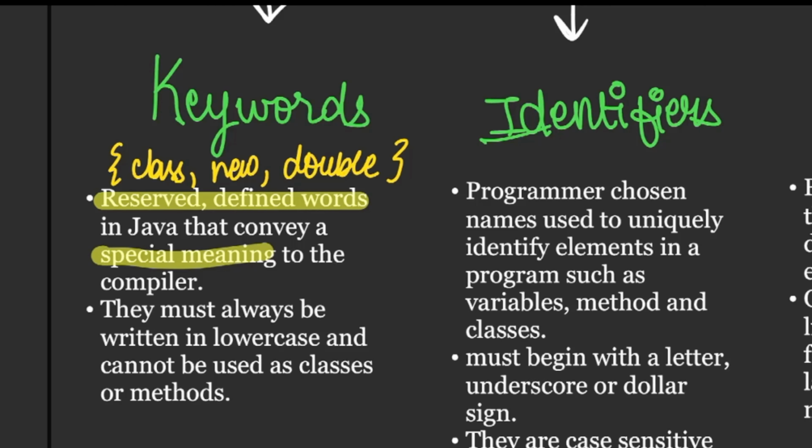So when a program is being executed, the compiler already has a specific meaning, a specific function ready for these words. What we need to remember is that keywords are always written in lowercase and they cannot be used as names for classes, methods, or variables.